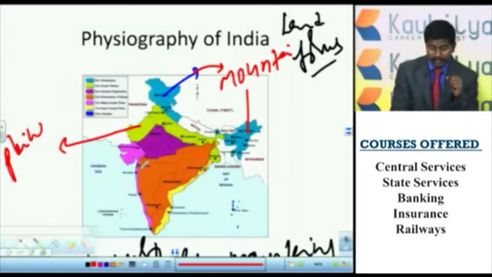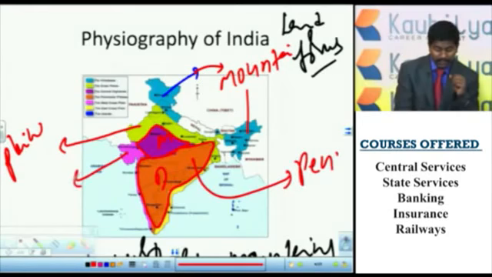Then there is the peninsular plateau, which is part of the Deccan plateau. These 2 divisions, the Malwa plateau and the Deccan plateau, complete our peninsular plateau.